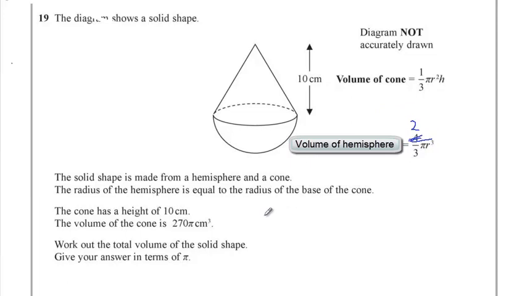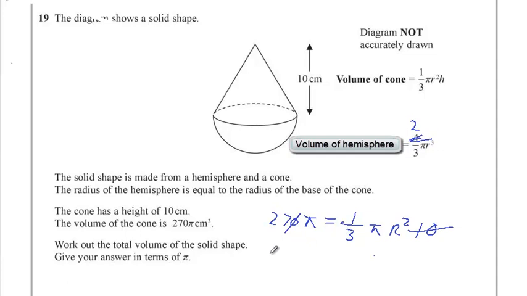So we'd say this. Pi r squared h, and h is 10, so let's put that in there. Well, I can see if I divide both sides by 10, that 0 is going to disappear from there. I've got 27. If we go 3 times 27, that'll get rid of this third.